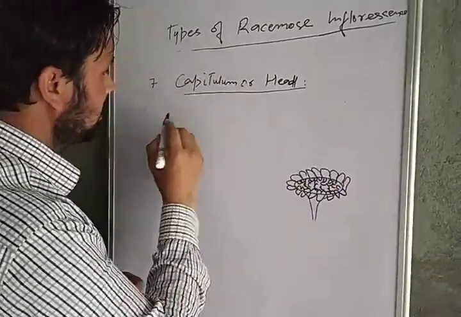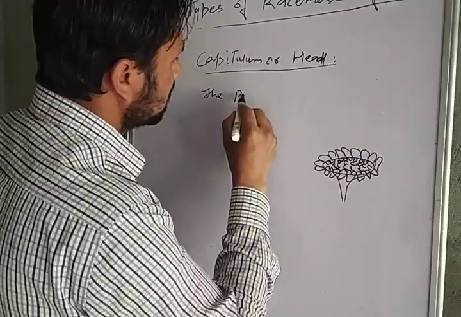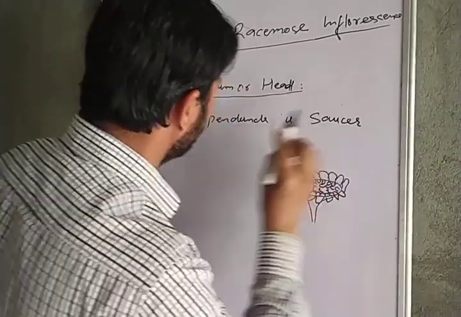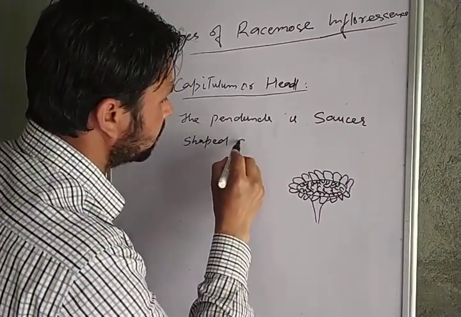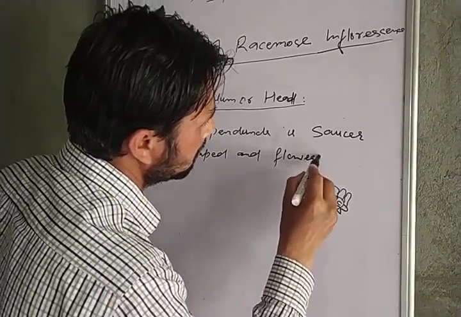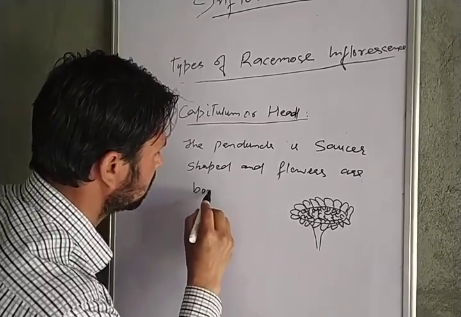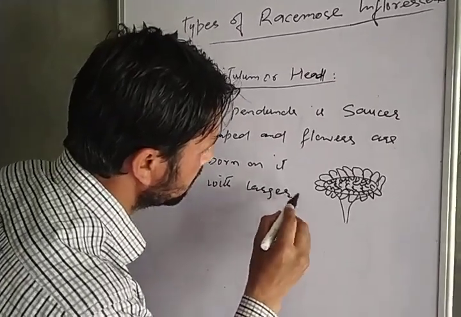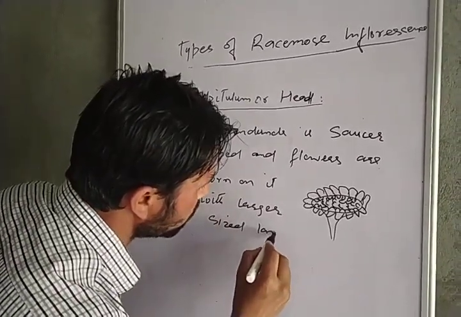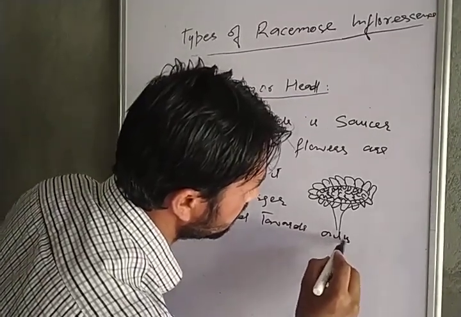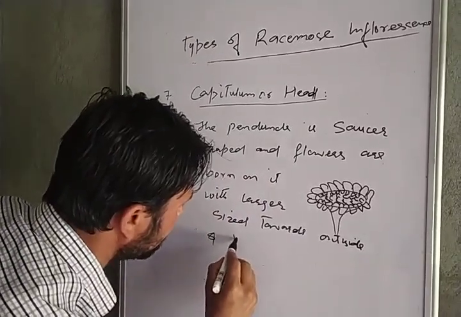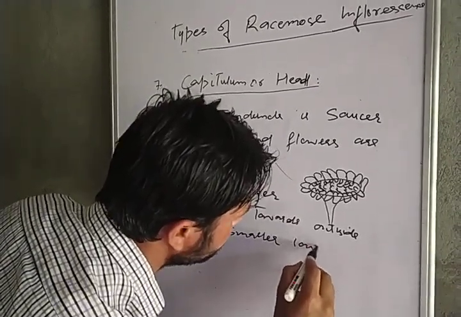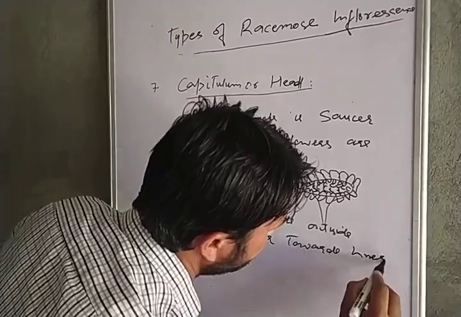Okay, if we write, we can say the peduncle is saucer-shaped, and flowers are borne on it with larger ones towards the outside and smaller ones towards the inner side.